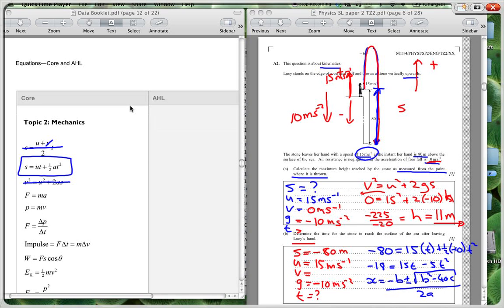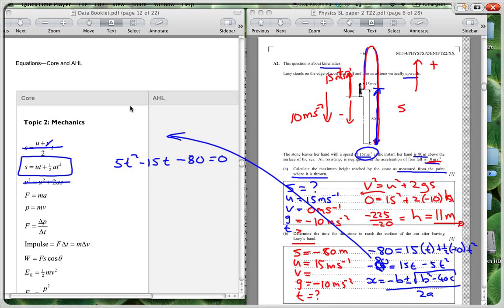There's not much space here. Let me work over here. I'm going to rewrite this formula over here. That's going to be 5t squared minus 15t minus 80 is equal to 0.